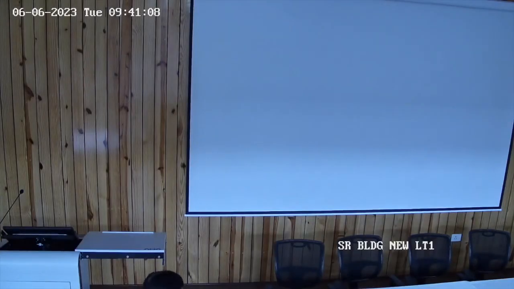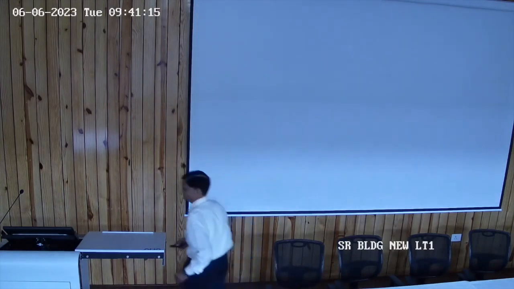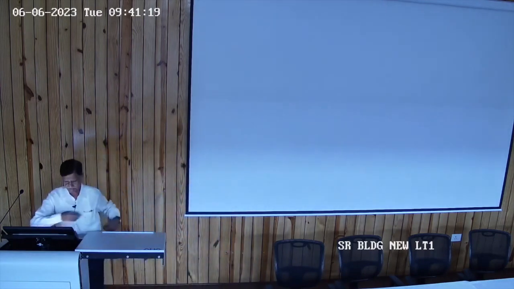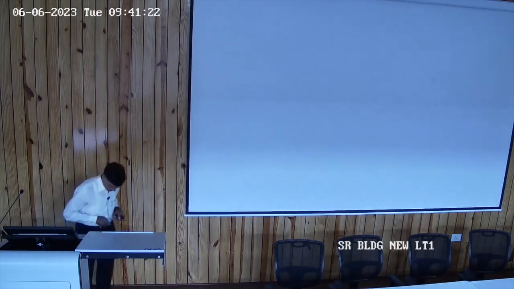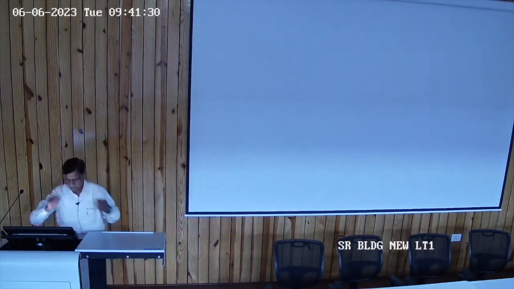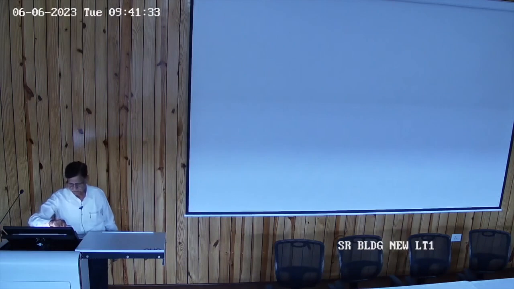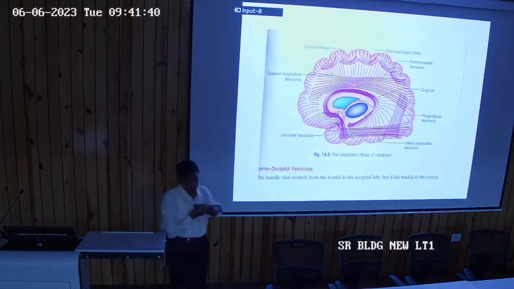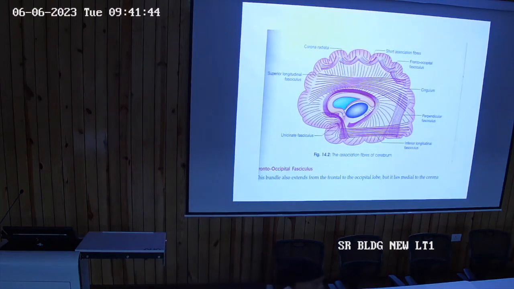After this, I come to another part. That is another important projection fiber, the fornix. The fornix is the part which connects the hippocampus to the mammillary bodies.